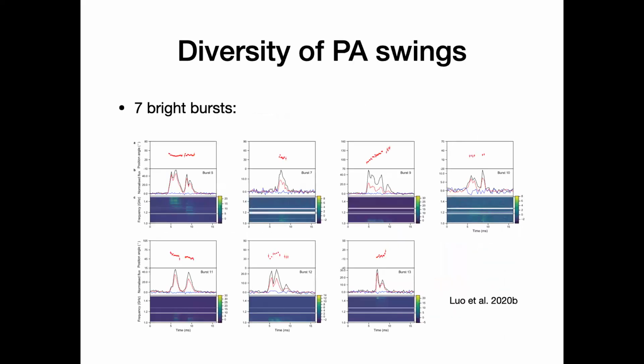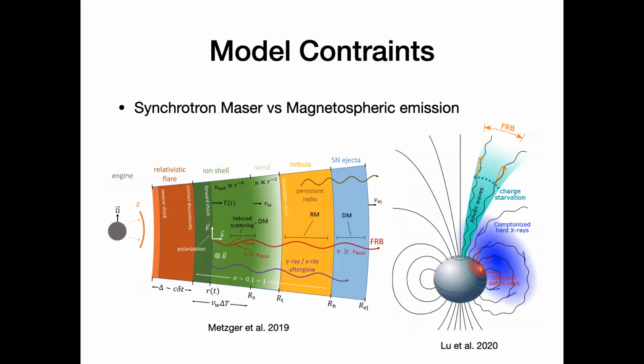I do understand that in the 2019 paper, Metzger used a simple, highly magnetized neutron star, where they assume that far away from the light cylinder, around radius 10 to the power 11 or 12 centimeter, the configuration of the magnetic field is toroidal.